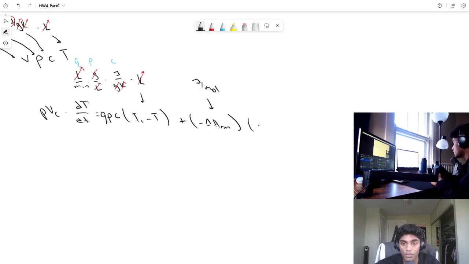Remember, our rate equals k C_A. But that gives us a rate in terms of concentration per unit time. So we want to multiply this by volume to get this in terms of moles per unit time. And so this will also give us our moles per minute. And so these two will cancel out, giving us joules per minute. That's the thing we wanted.